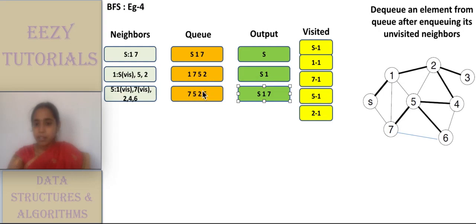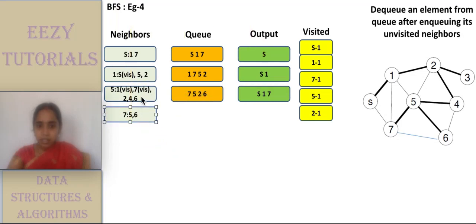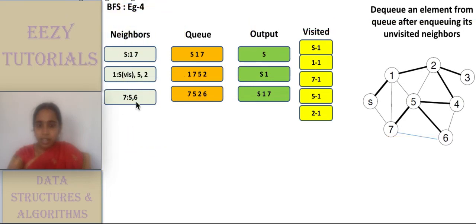So the next element is 5. So I am checking the neighbors for 5.